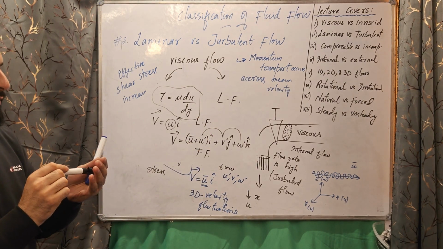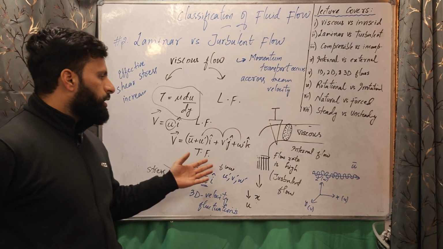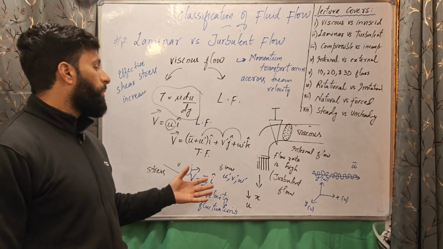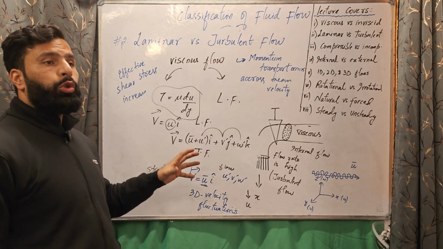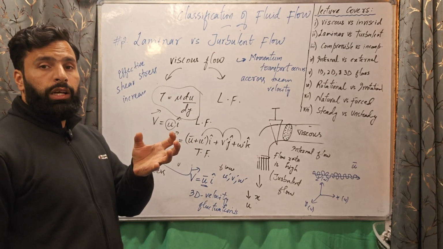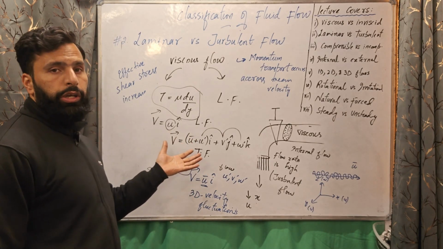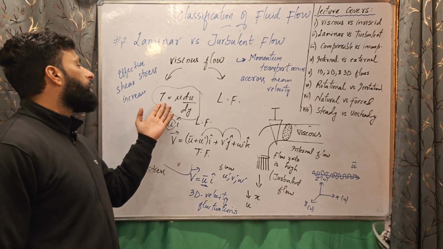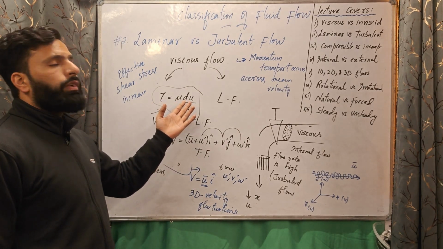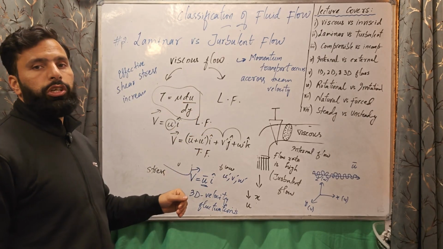But in case of turbulent flow, since the velocities fluctuate in 3D, a complex velocity field exists. That is why there is no perfect theoretical equation given by the theory alone that describes the relationship between the wall shear stress and the velocity field.